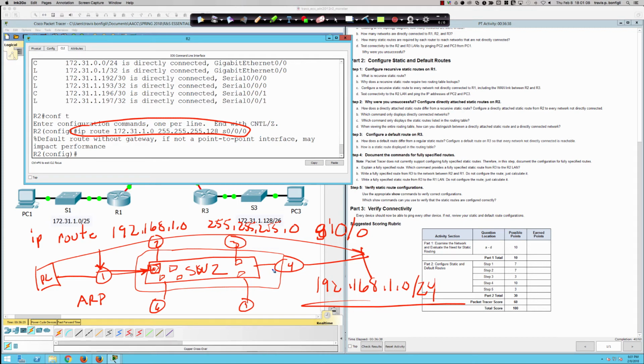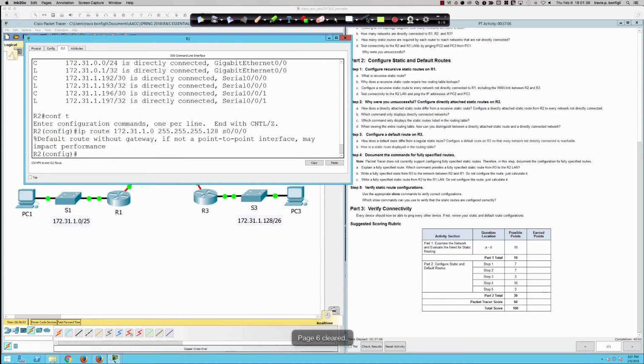So it may have to ARP and get the information required to maneuver through this multi-access, big broadcast domain with lots of routers plugged in, because it's not clear in this environment where the next hop is going to be. So an ARP packet may get sent, and that is the performance impact that they're concerned about.